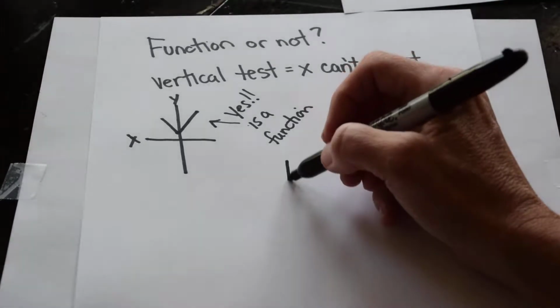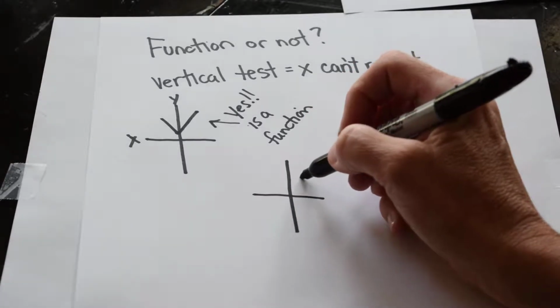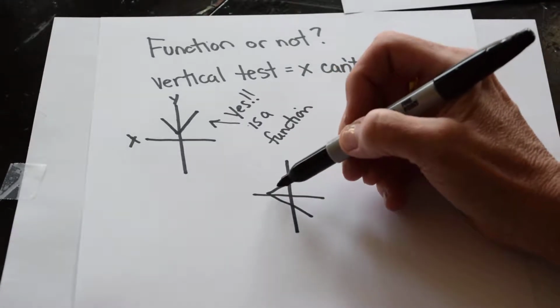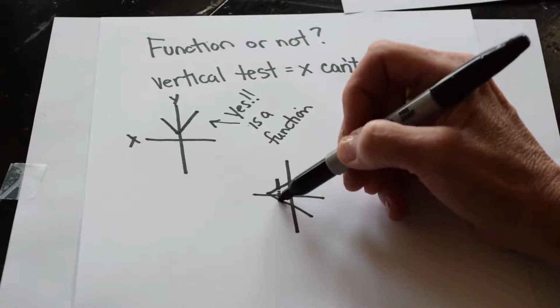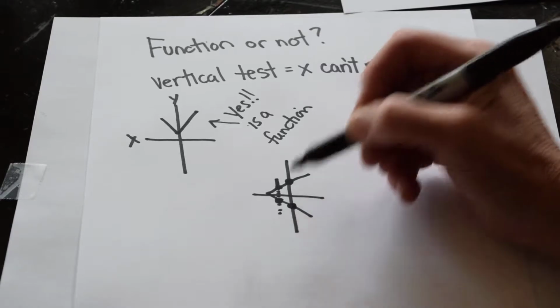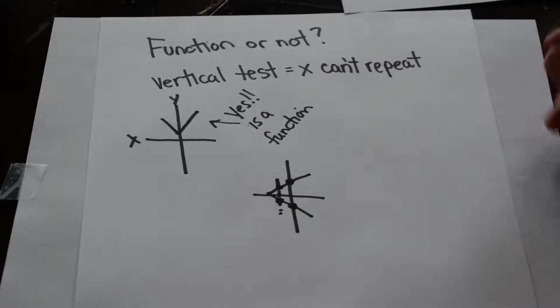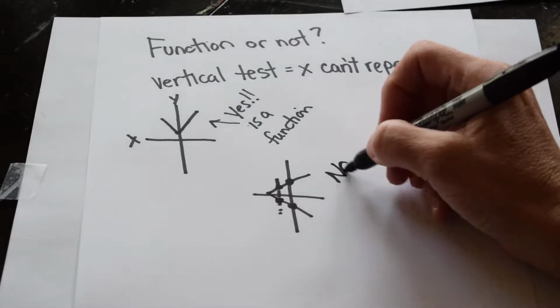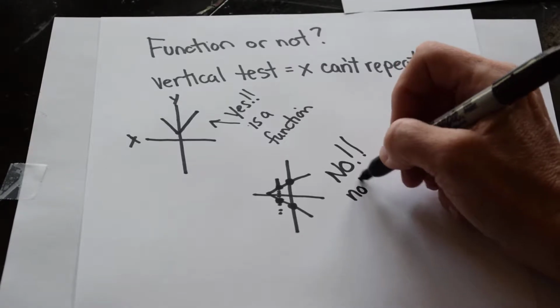If it looks like something like this, oh wow, look right here. If I take my vertical line, there's a point, there's a point, there's a point, there's a point. Oh, the x's repeat. So therefore, since the x's repeat, it's no, heavens no, not a function.